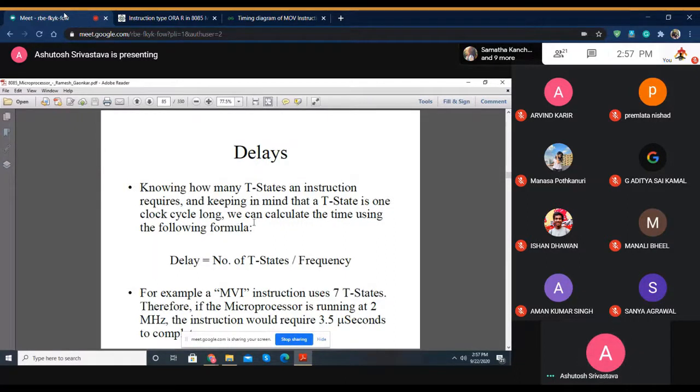So to calculate the time for execution of a single instruction, there would be a delay that would be introduced, or that would be emerging out of it after its execution.